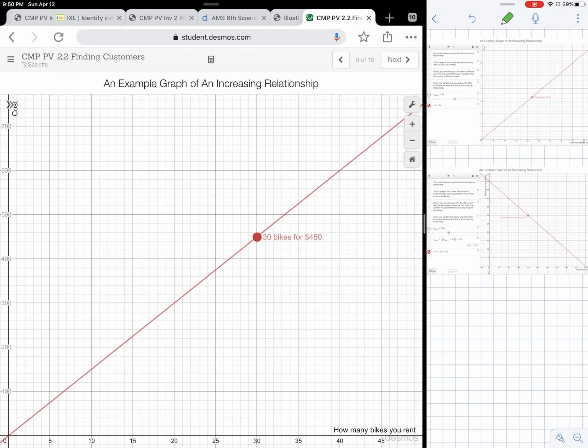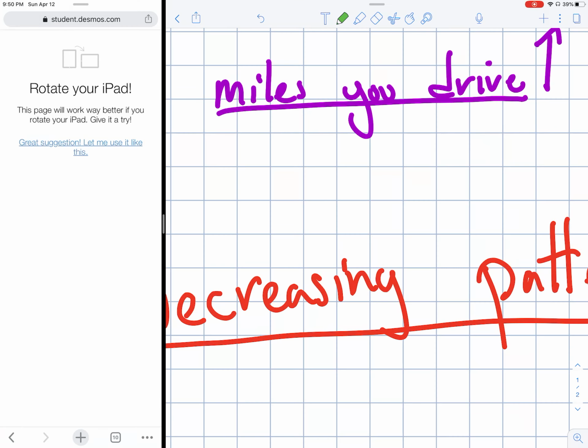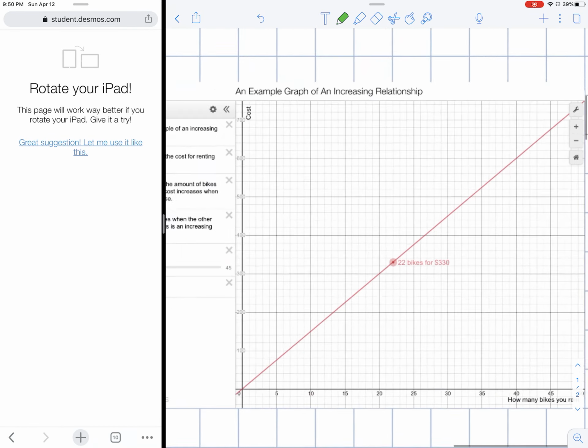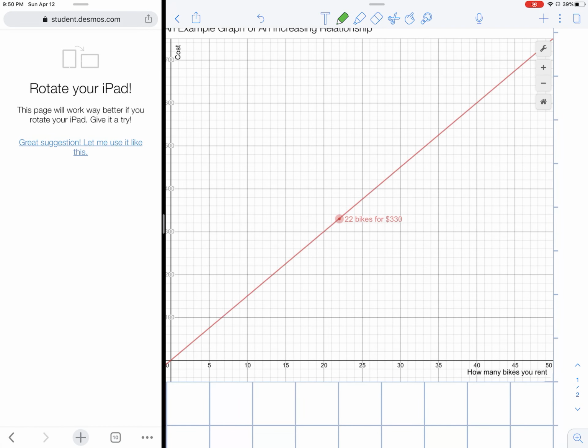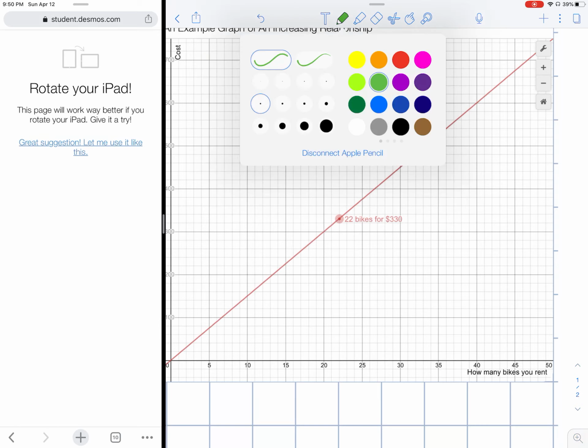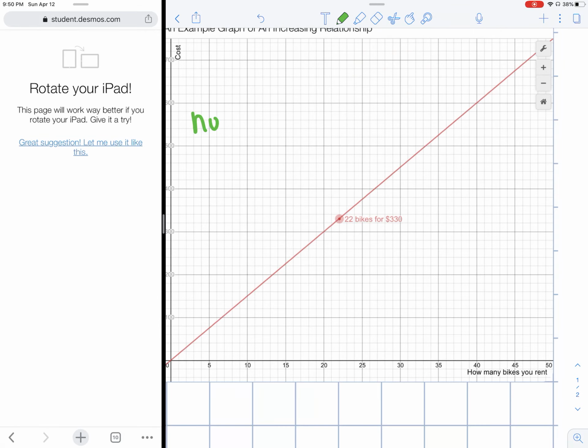$450, right? So what that tells us is when I look at this graph, I can say that when the number of bikes goes up, that means that the cost goes up.